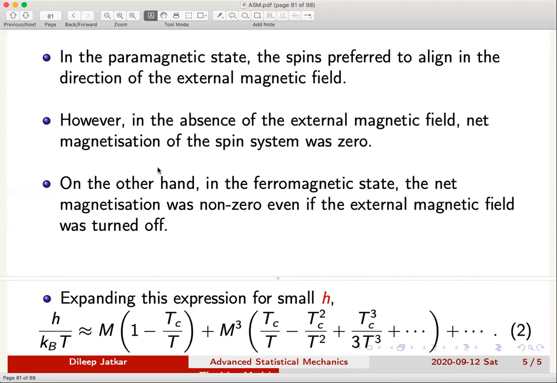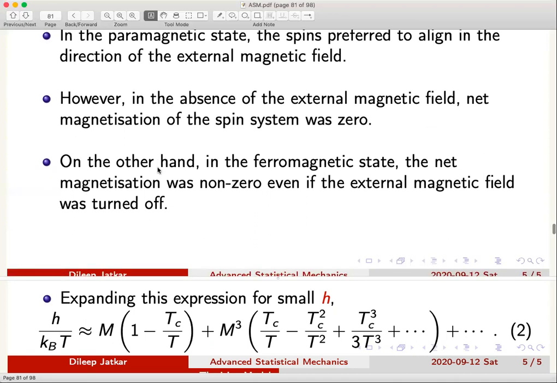So if you really want to get a ferromagnetic state with spins pointing preferably in one particular direction, the best way to do that is to keep a small external magnetic field on as the system undergoes a transition from T above Tc to T below Tc.